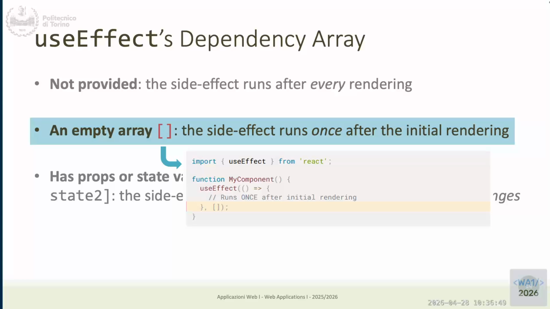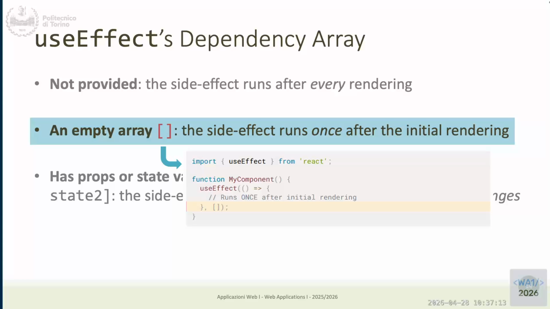The empty array can be used for initializing the component, and we are going to use it a lot for fetching initial data. When I render the component with a list of answers, that component, when initialized, goes to the server, gets the list of answers, and populates the component itself.